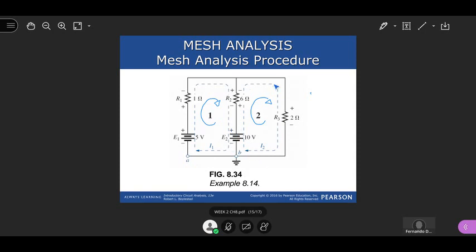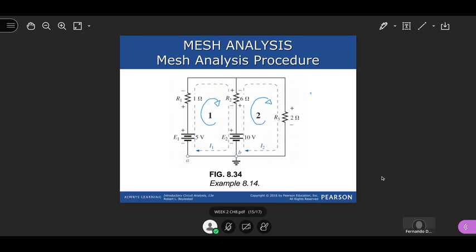I2 we also go clockwise. But look at this. Now R2 is positive here and negative here, opposite from this side, because the polarity that you represent here is due to this current, and the polarity that you represent here is due to this current.